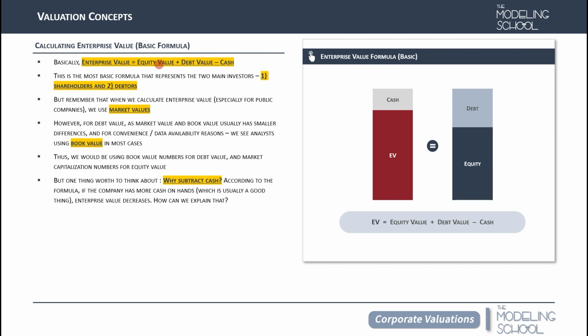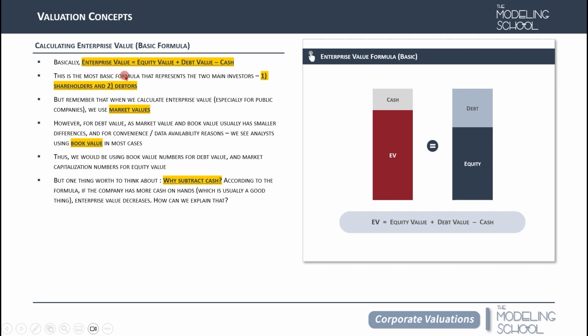For the market value of equity, as most of you already know, we can check the company's market capitalization. So it's relatively easy to obtain equity value. But on the other hand, enterprise value is not easily found.